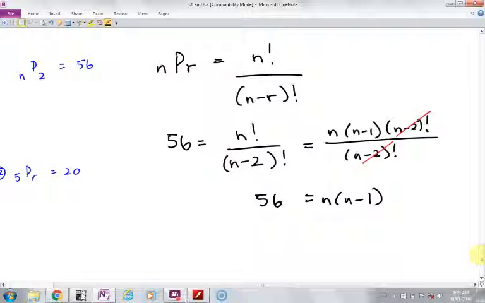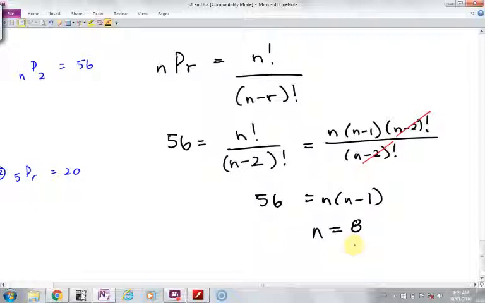I want two numbers, n and n minus 1, that multiply to 56. And the numbers are right beside each other. They differ by 1. So what are those two numbers? 7 and 8. So the small one is 7 and this one is 8. So n has to be what? What does n have to be? 8. Okay?